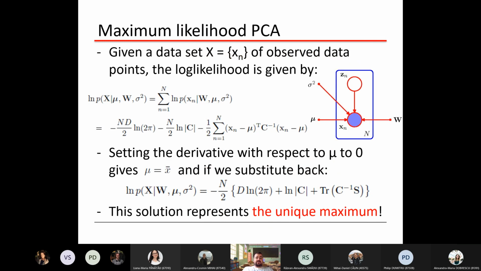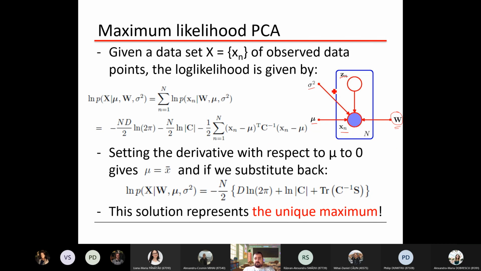And now, given a data set of xn, let's think a bit. Xn depends on what? It depends on the latent variable zn that corresponds to xn, on the noise and on the mean that are from the original space, and also on the parameters W that represent the principal subspace.